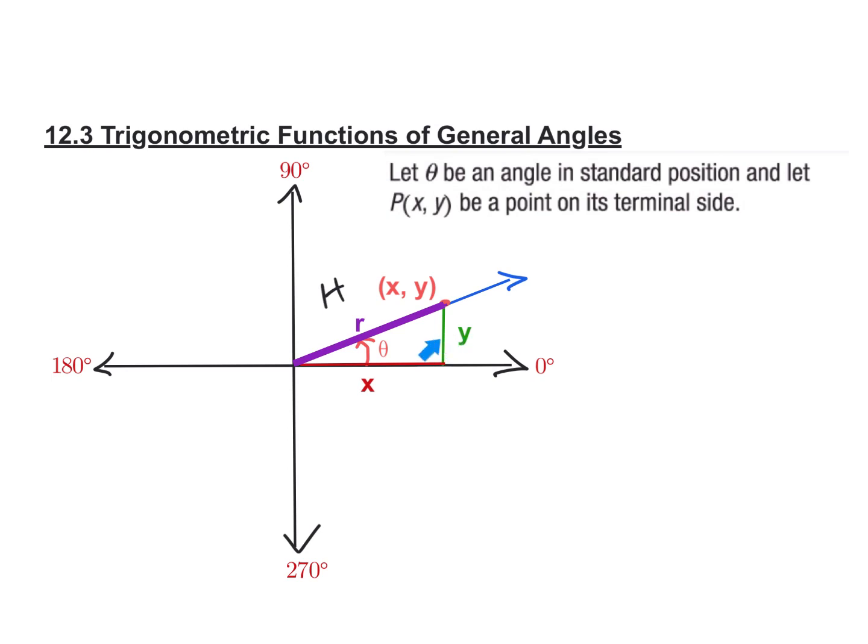Well, what is y the same as when we think about trig? It's the opposite from theta. Okay, so this is the opposite side. Well, what is x? The adjacent side. So in terms of trig, what we're doing is we're making a shift. For right now, we're going to keep the opposite, hypotenuse, adjacent in play. But it's about to shift away from that.